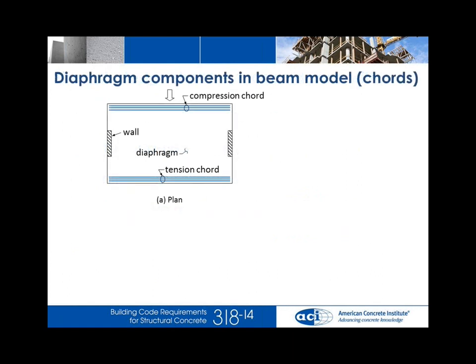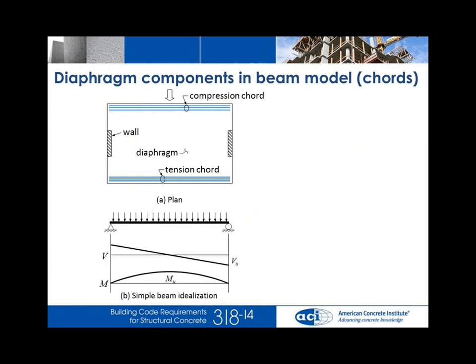The basic beam model, many of you are probably familiar with, but maybe some are not. The idea here is that the diaphragm is idealized as a beam spanning between vertical elements of, in this case, the lateral force resisting system. So there's the beam model. Beam develops shears and moments like any other beam.